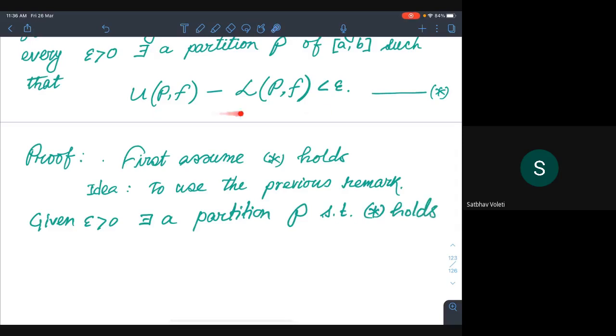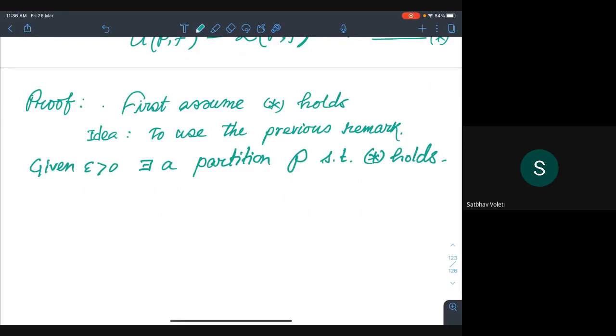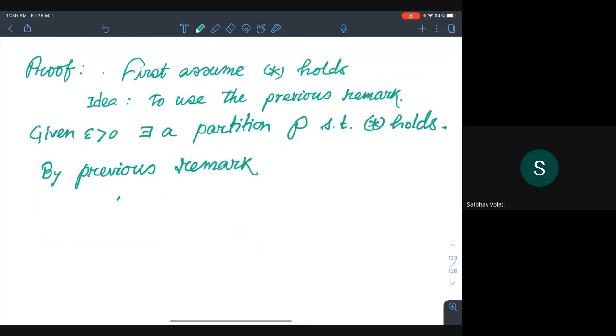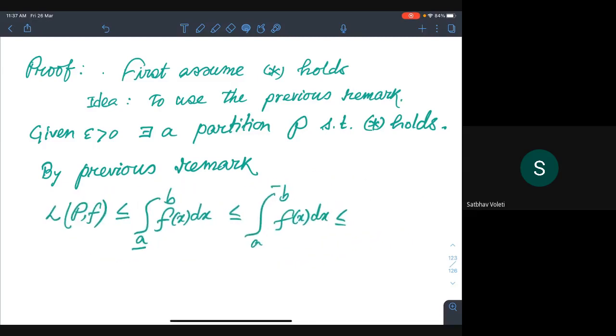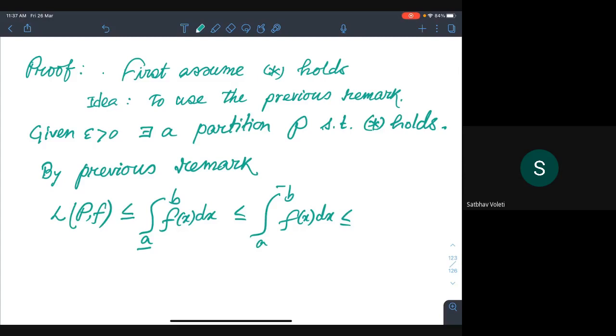Now by the previous remark, the lower sum for the partition P is less or equal to the lower integral of f, less or equal to the upper integral, which is less or equal to the upper sum U P f. All right.